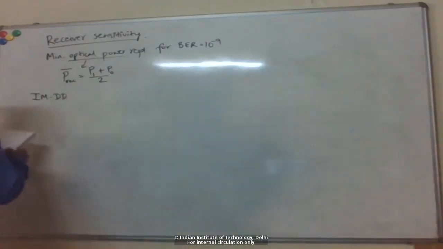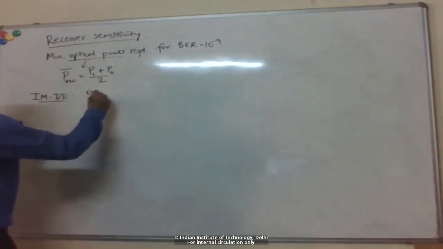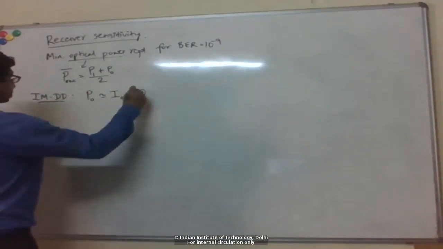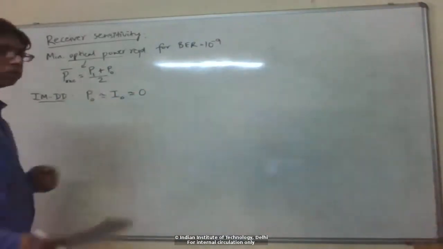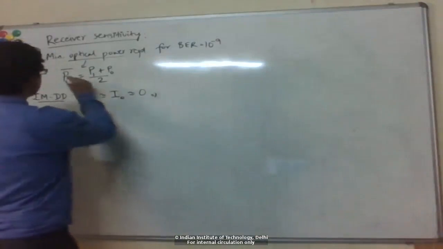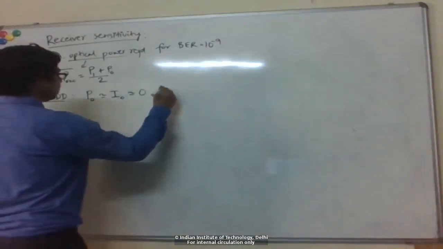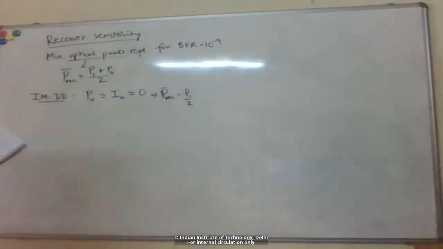Right, so in that case, basically, we can say that P0 or equivalent the photocurrent for bit 0 is the mean current is sort of 0. Okay, so in that case, you can see that this average received power will just be half of the power for bit 1.